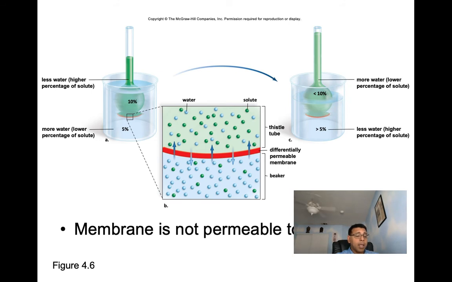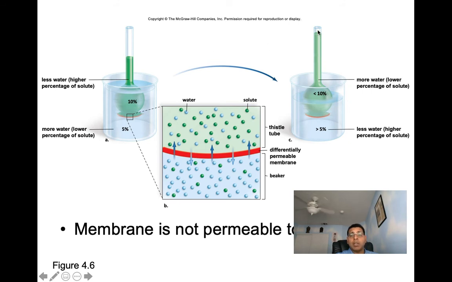Now in the end, the concentration of solute in the tube becomes less than 10% because the water moved into the tube, and before it was at 10%. How much water we moved in, we haven't calculated exactly, but we know now, look, the volume was only up to here.